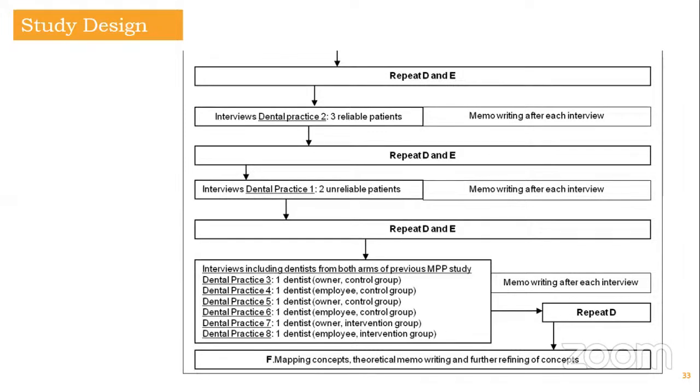So they interviewed one dentist who was an owner and in the control group, another dentist who was an employee and in the control group, then again one owner and one employee in the control group. Then another dentist who is an owner and in the intervention group, and one dentist who is an employee and in the intervention group. And after each interview, they did memo writing, then did coding and analysis of the same.